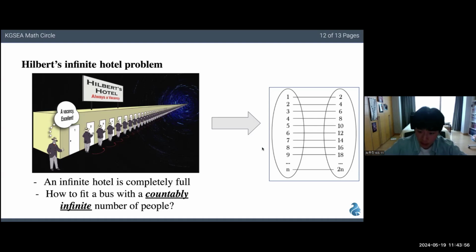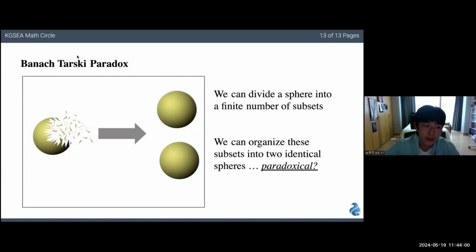Another really interesting paradox that I encountered when doing some research is the Banach-Tarski paradox. This is probably less famously known than Hilbert's infinite hotel problem. It basically says that if we have, for example, a solid sphere, we can cut it into a finite number of subsets, and if we reorganize them in some particular way, we can make two identical spheres.